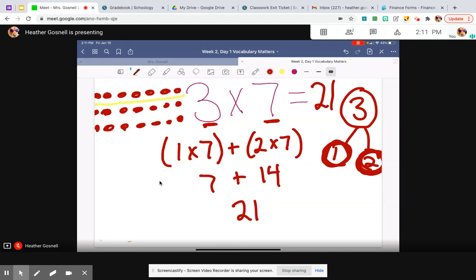So the sum of those smaller products equals the total amount that I needed to solve 3 times 7.